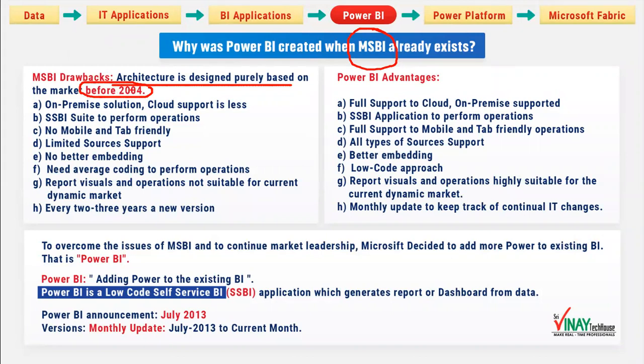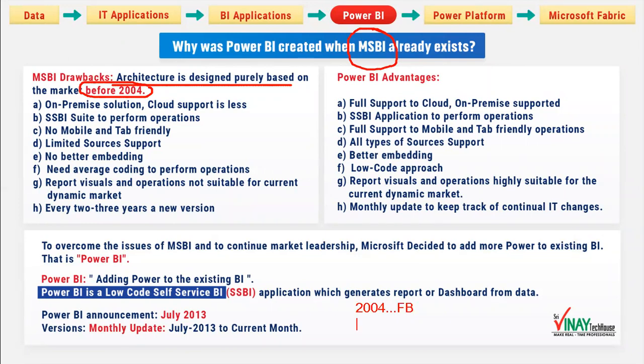The engine architecture, engine capability, and application support were all for the market before 2004. So is there any change after 2004? Yes. We are using Facebook. In which year was it released? Facebook in 2004.